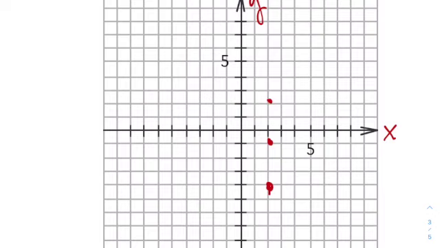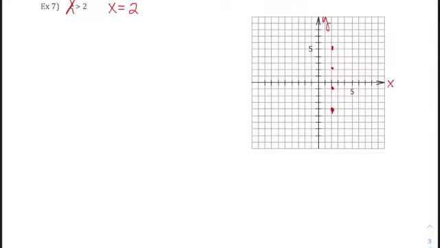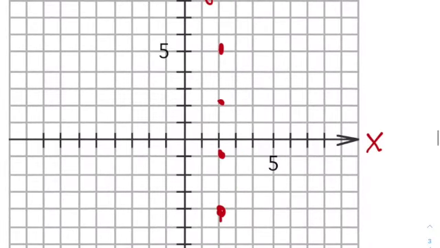Now what you're going to do is decide, is it a dotted line or solid line? If you look back, it does not have an equal sign. So it's going to be a dotted line. And because it's a dotted line, I'm just going to write it like this. And tell me, where is the line bigger than 2?